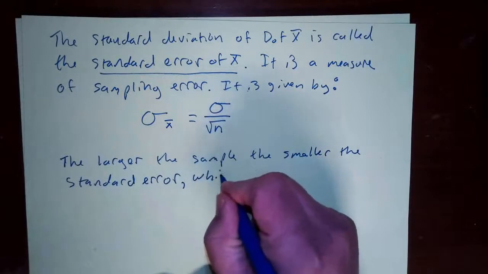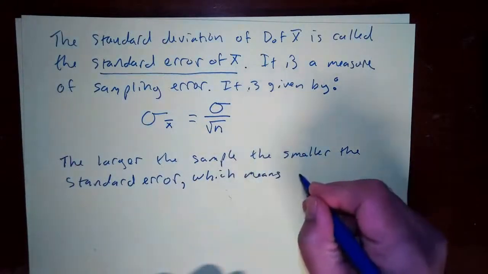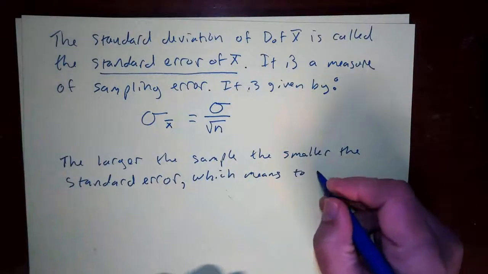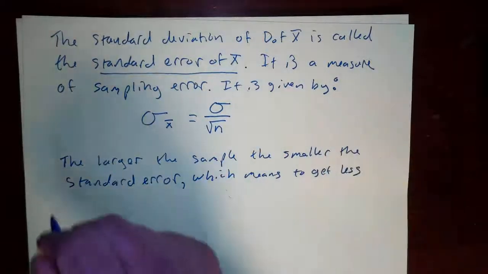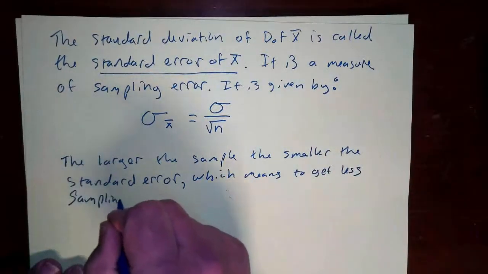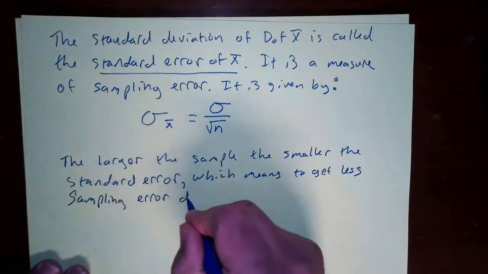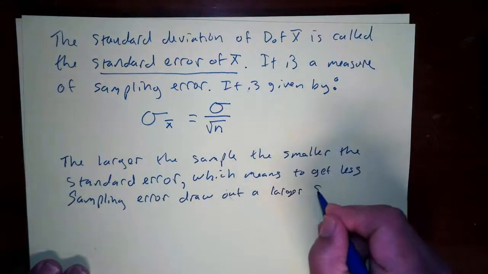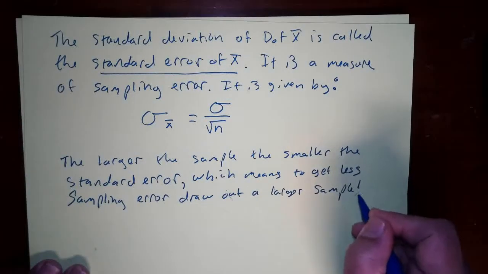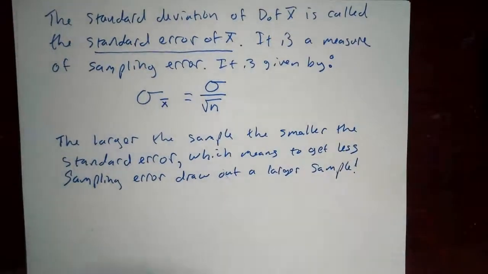Which means to get less sampling error, draw out a larger sample. Okay, and that makes sense. So if you want less error, you just pull out a bigger sample. So once someone is doing a study and they really want to make sure that they get the best results possible, well, the larger the sample they take, the better.